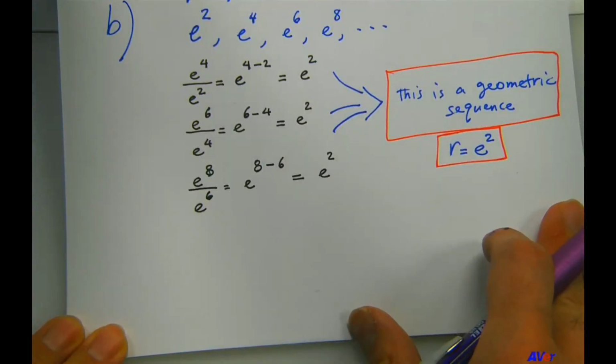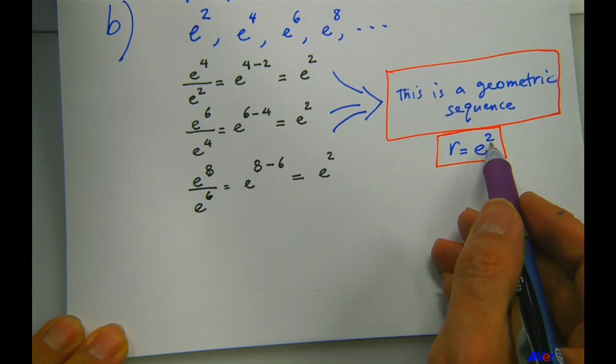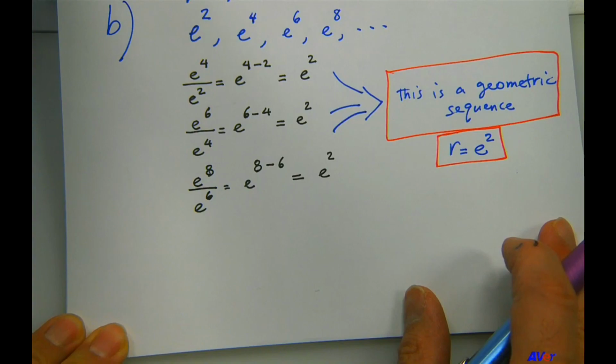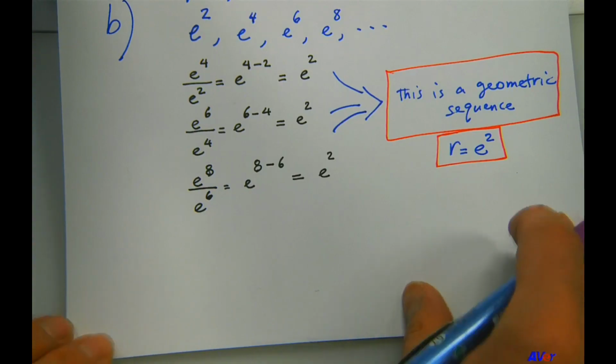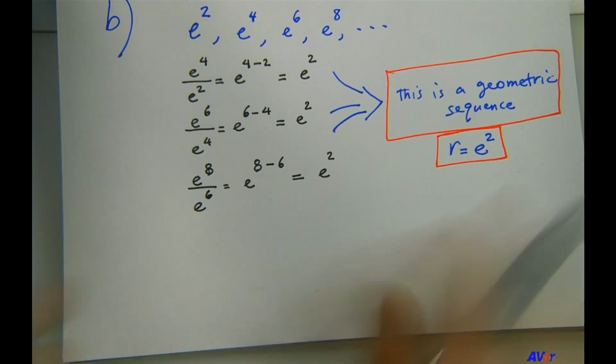What about here? What do you think? So the common ratio is e squared. What is the absolute value of that? Is it less than 1 or greater than 1? It is greater than 1. So the sum does not exist. So let's make that statement.